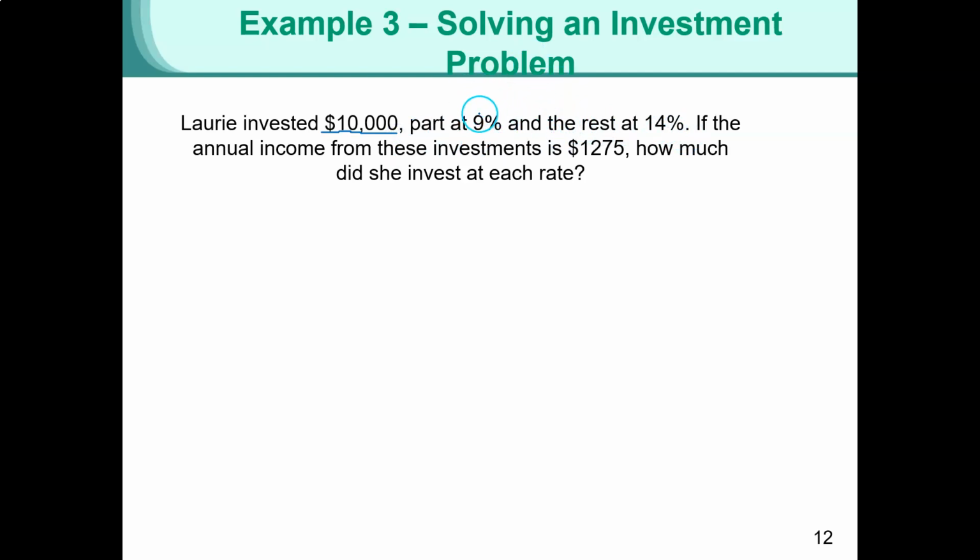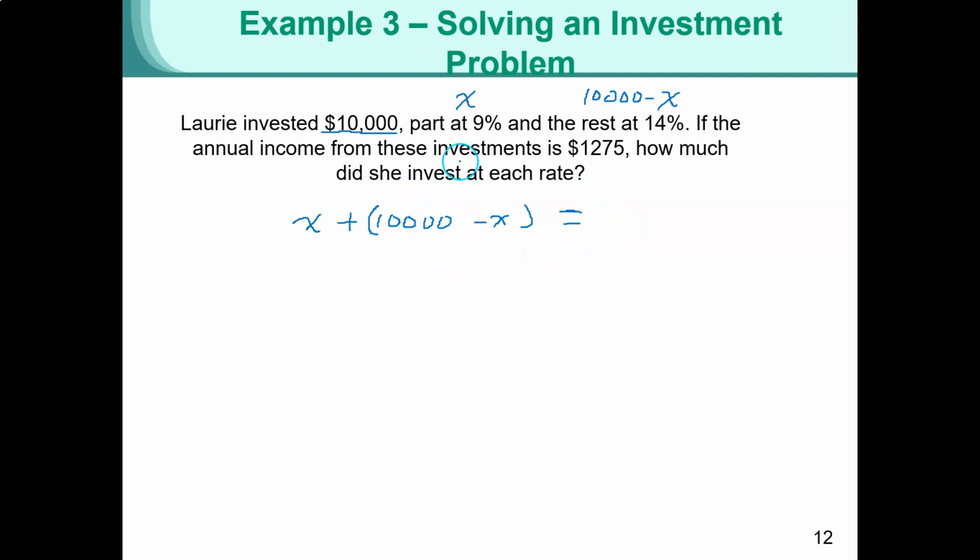I'm going to let one part be x. If she invests x money into the 9%, that means the rest would be 10,000 minus x. So I can write x plus 10,000 minus x, that would be the total amount she invests.